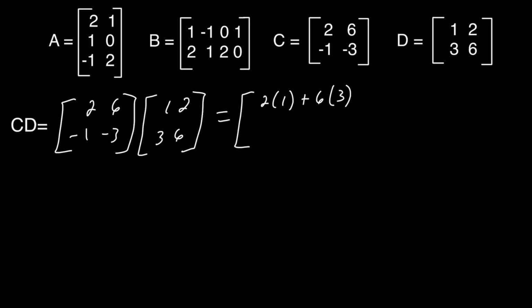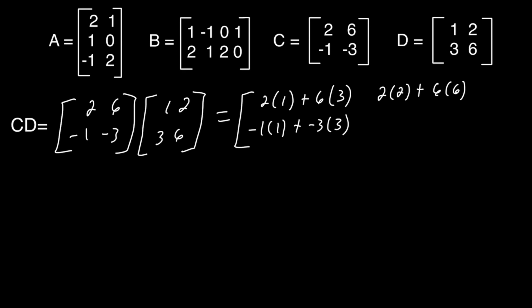So let's finish out that second column. What's 2 times 2? Over here is going to be 2 times 2 plus 6 times 6. Now that we finished out both columns, we can move to the second row. Negative 1 times 1 plus negative 3 times 3.